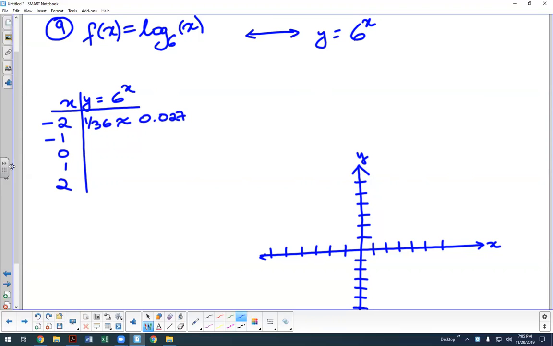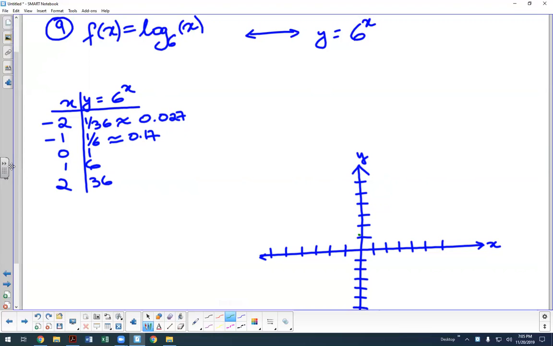Maybe for -1, 1/6, which will be approximately 0.17. At 0, 1. Okay, 1 at 0, 6 at 1, and at 2, 36. Alrighty. So let's see what that graph will look like.